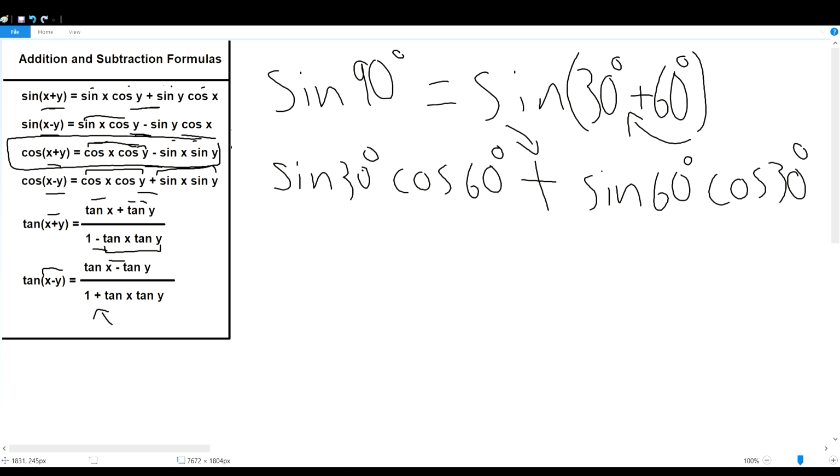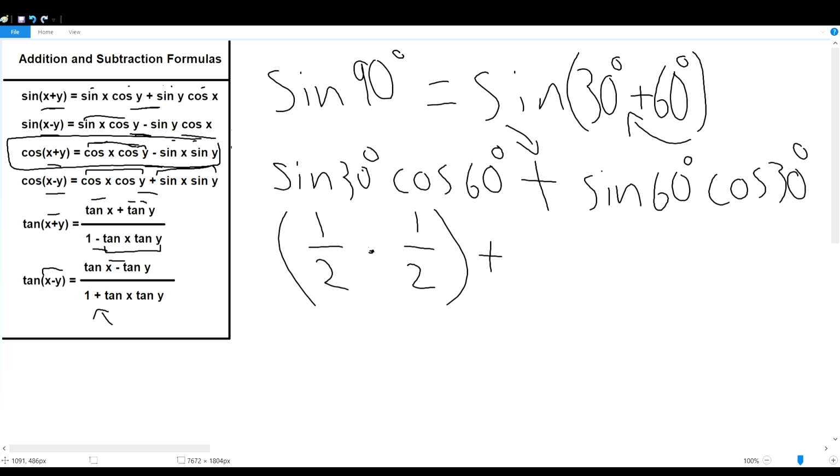30 degrees. And then let's simplify that. So this is 1/2. And then the cosine of 60 is also 1/2.